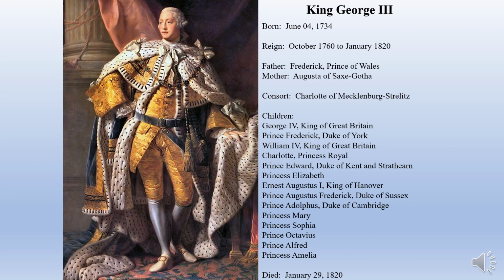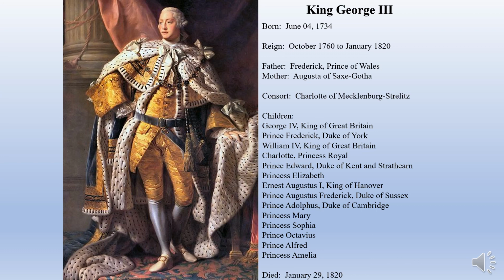And the reason why Hanover is separated from Great Britain is because with George IV dead, Frederick, Duke of York, dies. William IV, of course, succeeds his brother because the Duke of York dies before George IV does. And since boys come before girls, the next in line to the throne is Prince Edward, the Duke of Kent and Strathearn. Well, the problem with that, though, is that he is also dead, and his only heir is a child by the name of Alexandria.